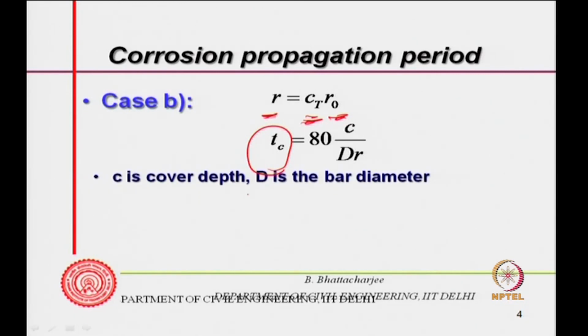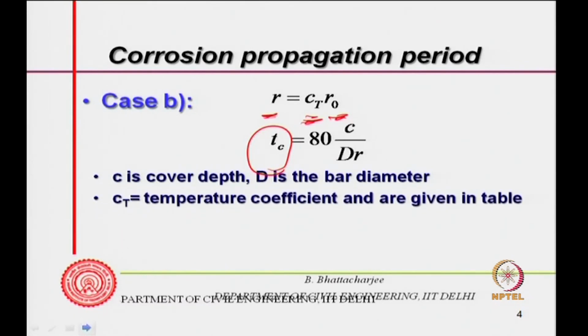So, it is proportional to C by D, and R is the rate of corrosion, expressed in terms of depth of penetration, in millimeter or micrometer per year, or whatever it is. So, T c you will get in terms of time.